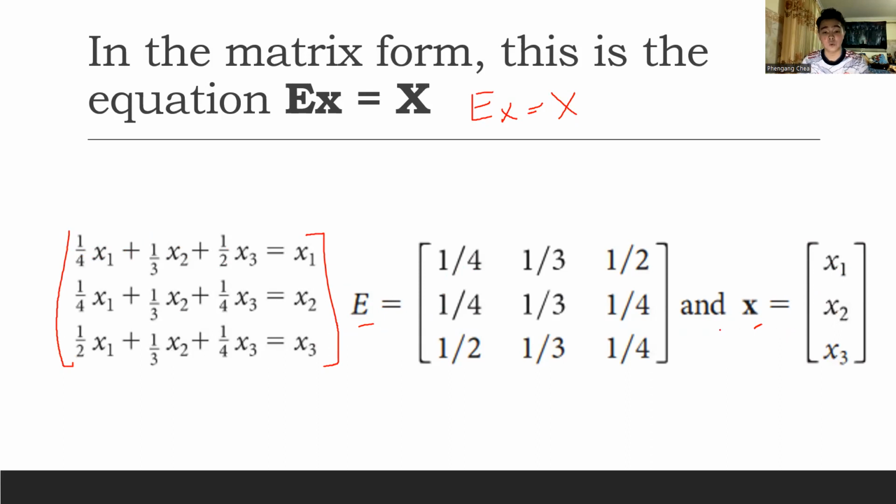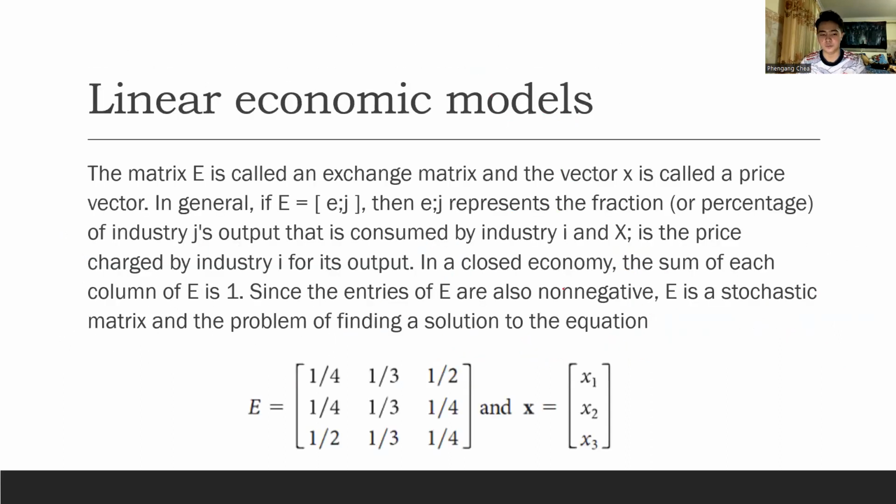You might want to know what E and x stand for. In the matrix, E is called the exchange matrix, and the vector x is called the price vector. So again, E is the exchange matrix and x is the price vector. It means that all of x is equal to price.